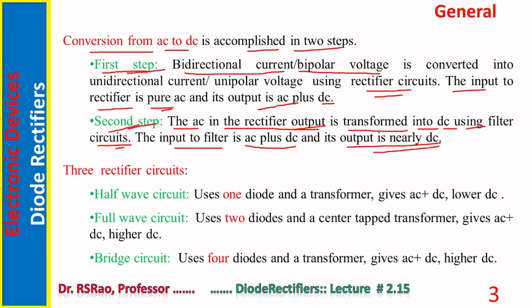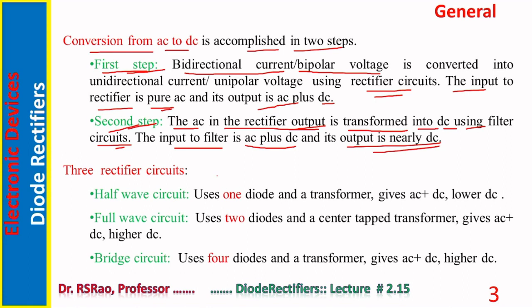Apart from rectifier and filter, there exists another part also in the conversion line of AC into DC. After the filter, one can find a regulator. The purpose of the regulator is to maintain the voltage at a specific value irrespective of the current that is drawn from the supply.